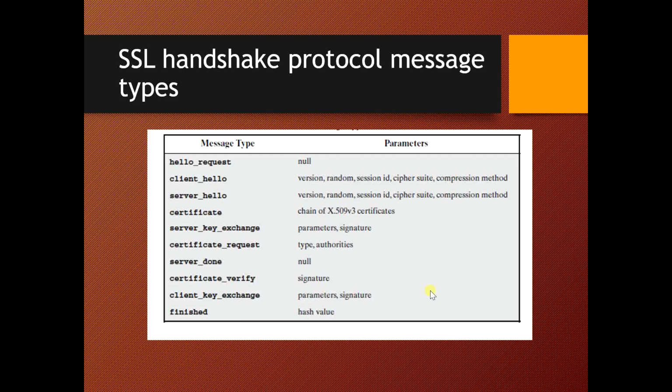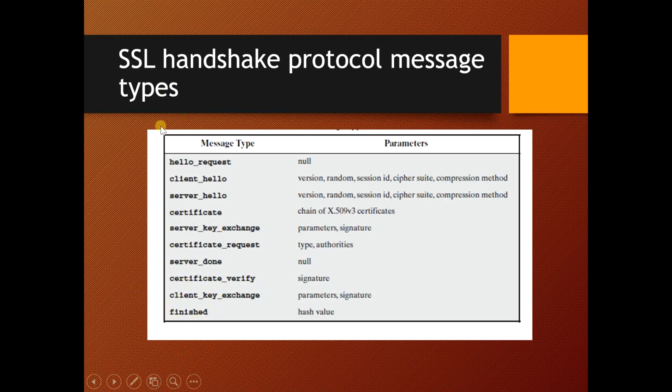Here is a list of the 10 messages that are going to be communicated between the client and the server. You have the hello request, client hello, server hello, certificate, server key exchange, certificate request, server done, certificate verify, client key exchange, and finished.